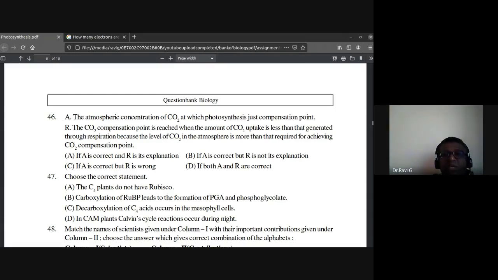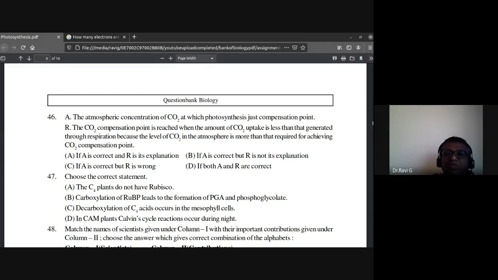Here the reasoning is wrong. The carbon dioxide compensation point is when the amount of carbon dioxide uptake for photosynthesis is equal to the amount of carbon dioxide liberated during respiration. So we call it the carbon dioxide compensation point. So the reasoning part is wrong.